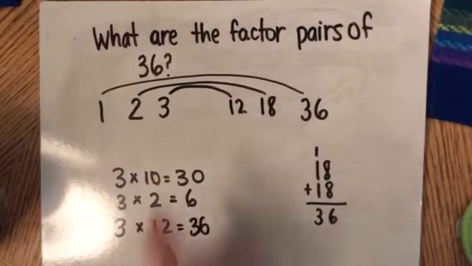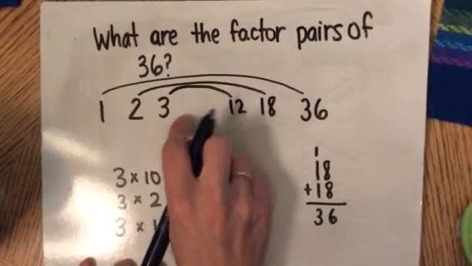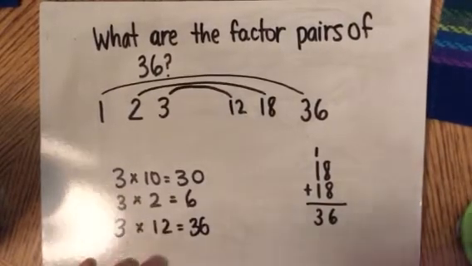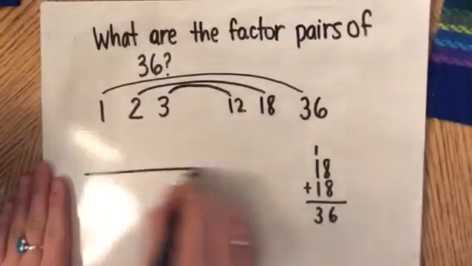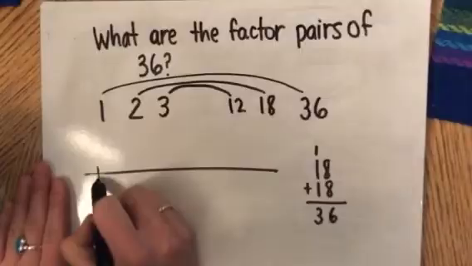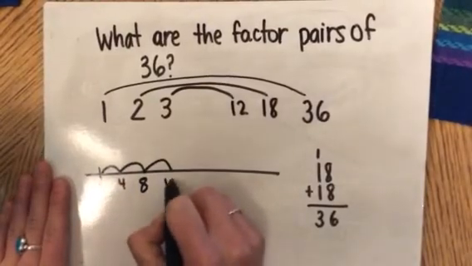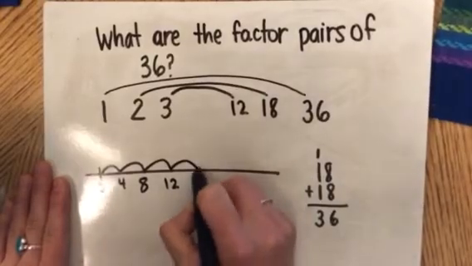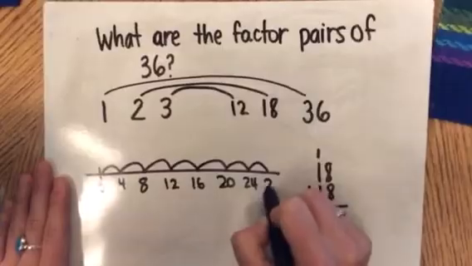Now we need to try 4 to see if 4 is a factor of 36. Can I multiply anything by 4? This one I'm not sure, so I might try a number line. 4, 8, 12, 16, 20, 24, 28.